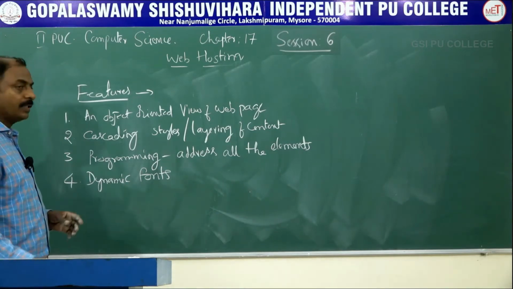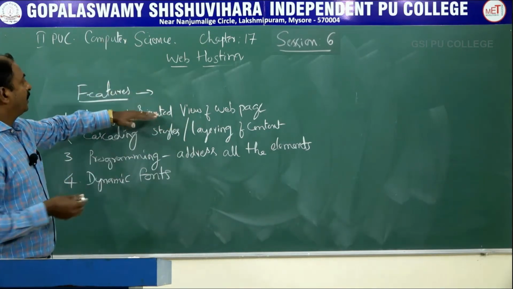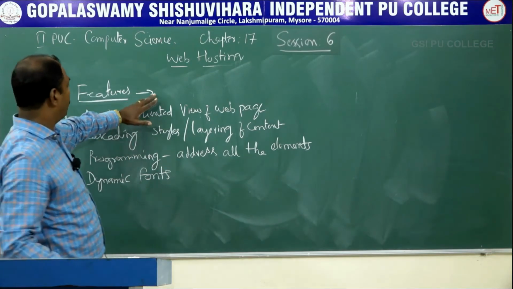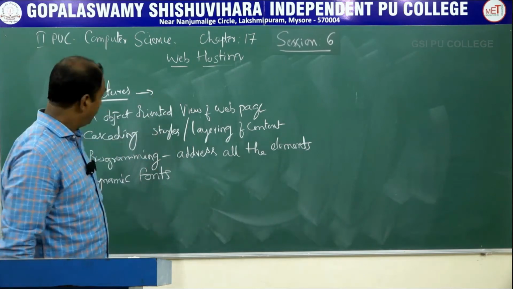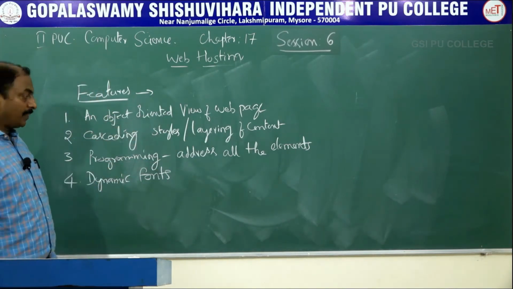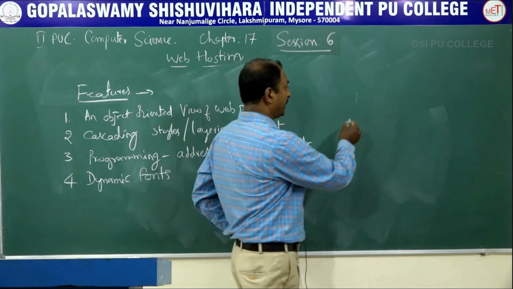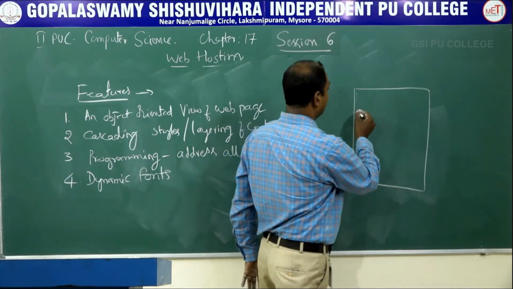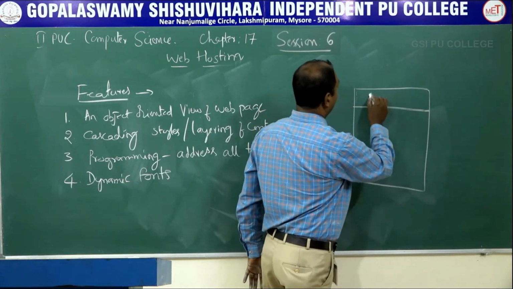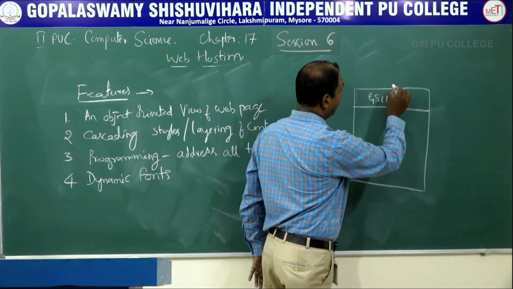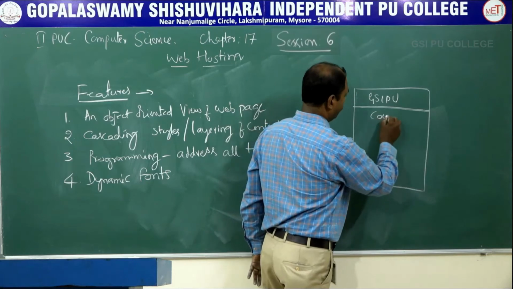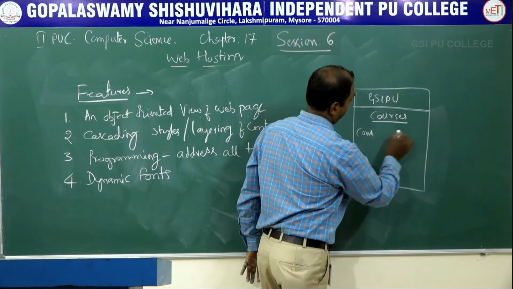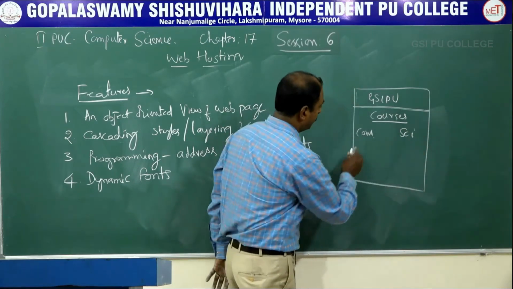Now let us look into this one by one, students. A website developed with the help of DHTML has the following features. What is the meaning of that? Take a simple example of any website. Suppose I write GSIP as a heading. Under that we have courses, say commerce, science.